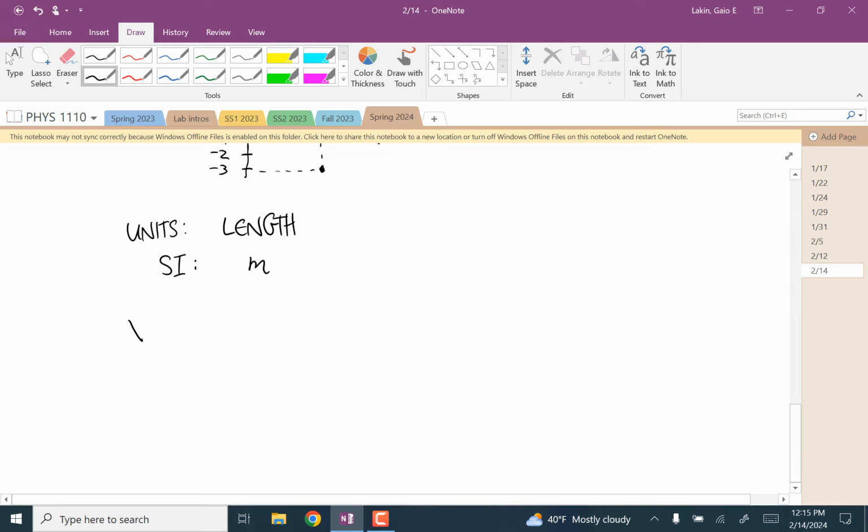Okay, so now what about the velocity vector? I have a little more to say about the velocity and the acceleration. Velocity measures how quickly the position vector is changing.